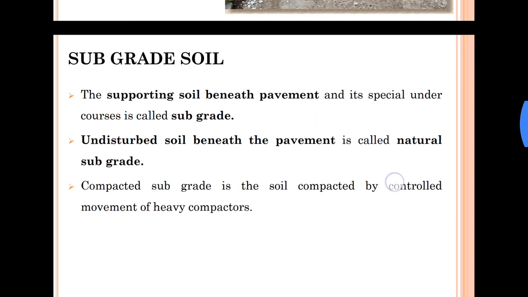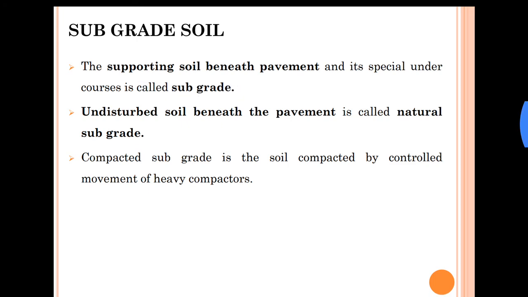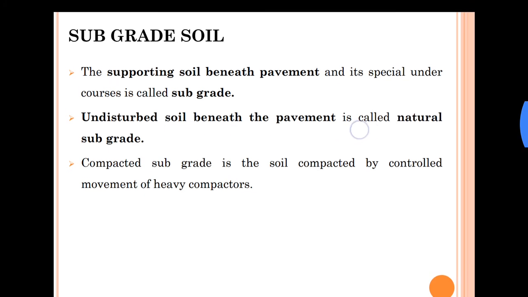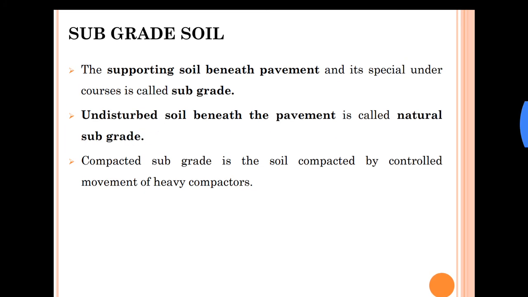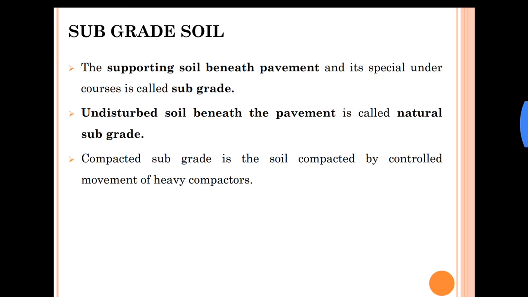Then we have the bottommost layer, that is the subgrade soil. The supporting soil beneath pavement and its special undercourses is called subgrade. Undisturbed soil beneath the pavement is called natural subgrade, and compacted subgrade is the soil compacted by controlled movement of heavy compactors.